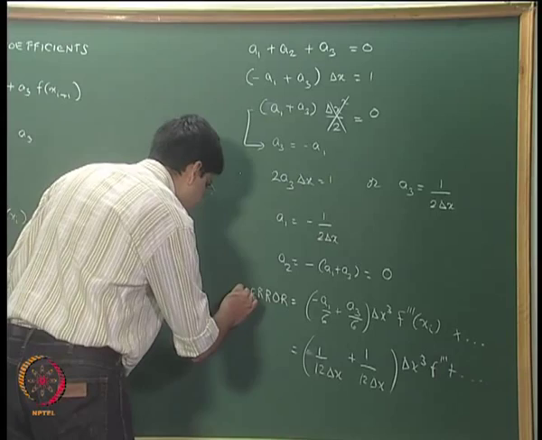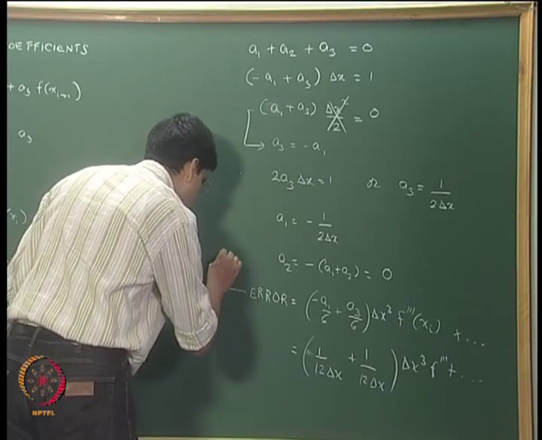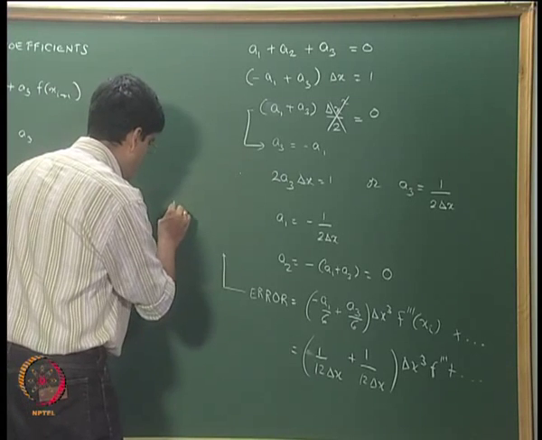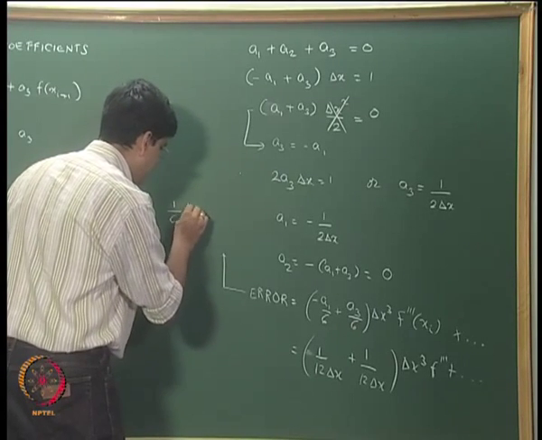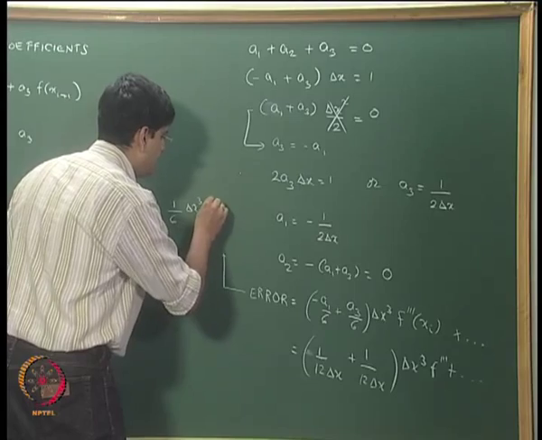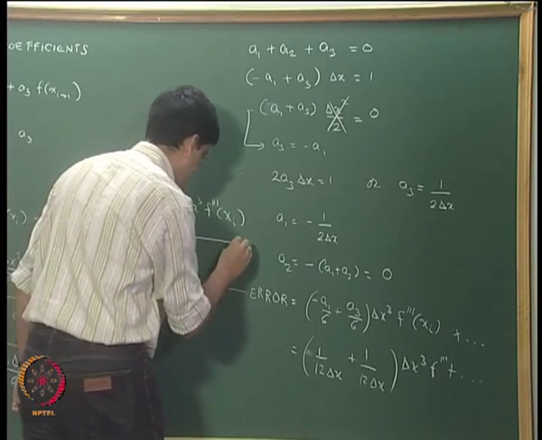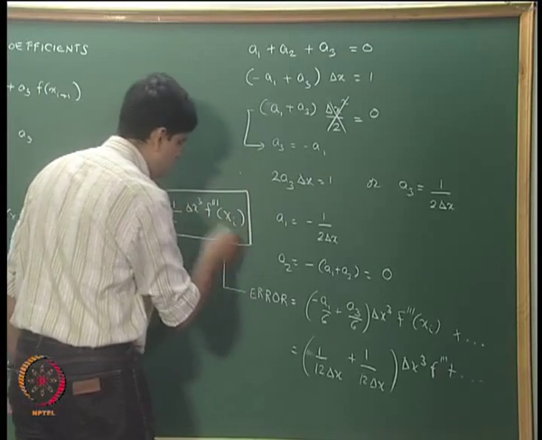Okay. As a result of this, the error that we write over here is going to be equal to 1 by 6 delta x cube f triple dash of xi. Okay.